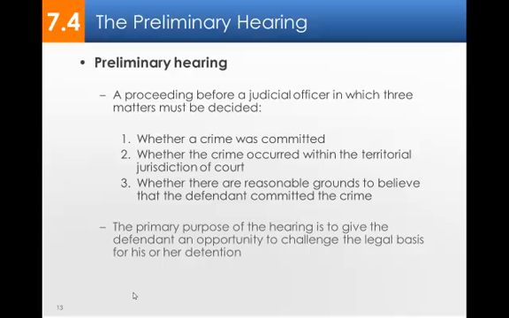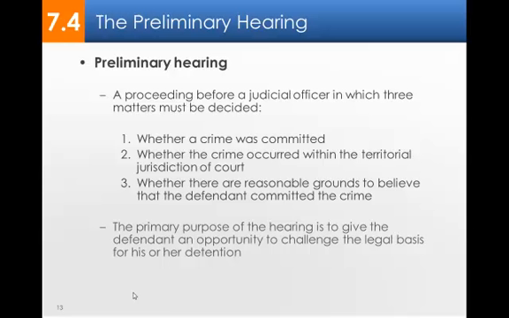And after that is filed, there's a preliminary hearing, which is before a judge. These are the things that have to be determined. A, a crime was committed. B, it was committed within the jurisdiction, within the venue. And 3, is there reasonable grounds to believe that the accused committed the crime?